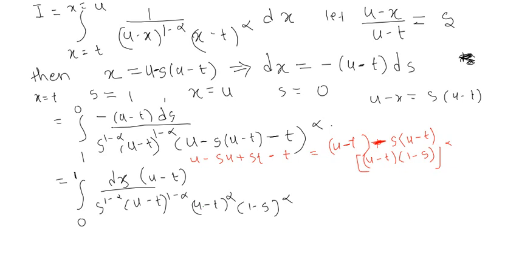Then in the denominator we will be left with the integral from 0 to 1 ds divided by s raised to 1 minus alpha and (1 minus s) raised to alpha.